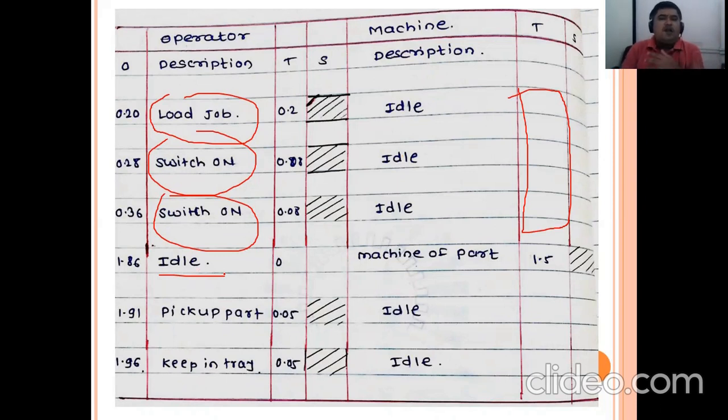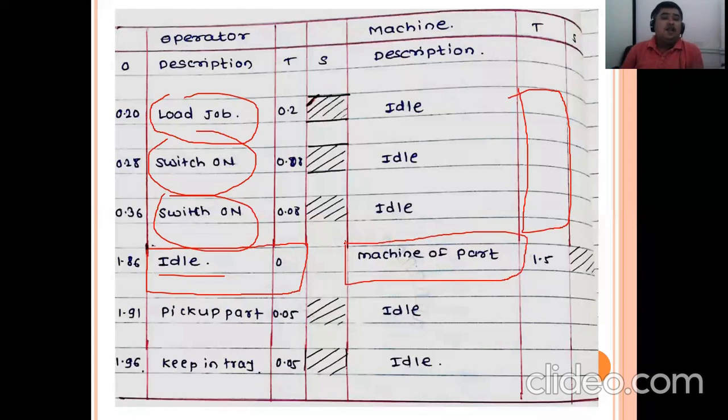What is the task of the operator then? Just to rotate a small wheel. Other than that, the operator is idle. So once cutting is started, the operator is in idle condition, but the machine is in running condition, that is, in working condition.